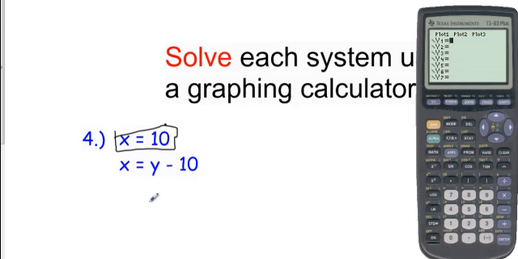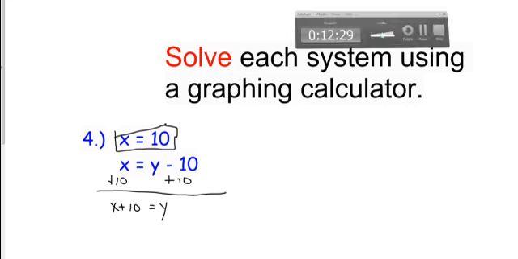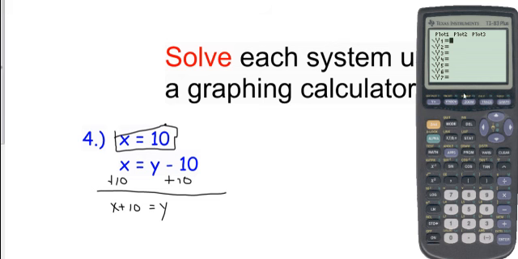It's not solved for y, it's solved for x. So I will add 10 to both sides. And it becomes x plus 10 is equal to y. So I plug that in the calculator as x plus 10.